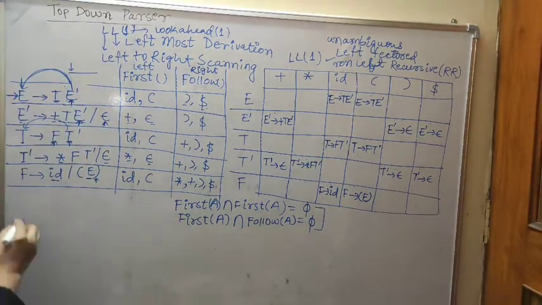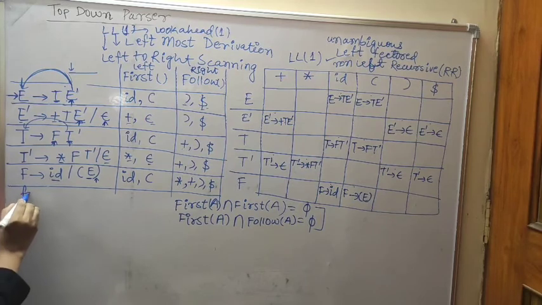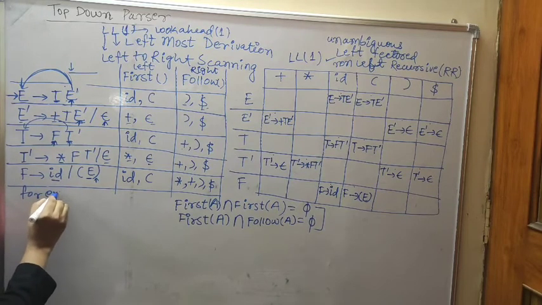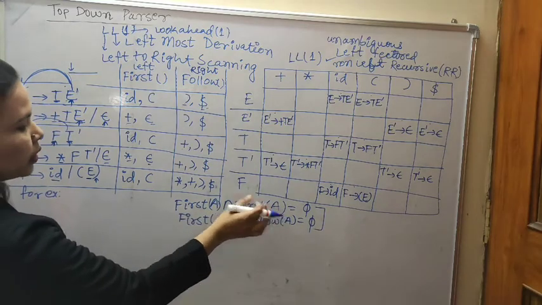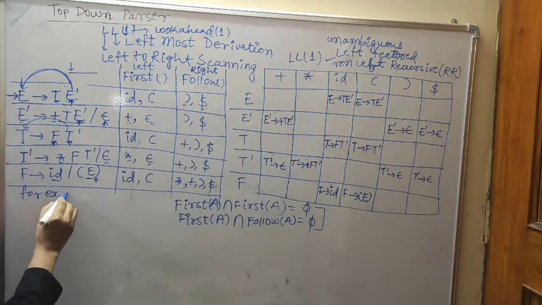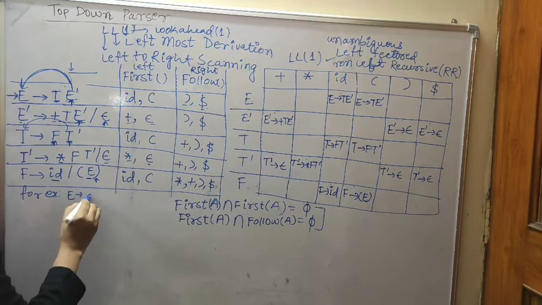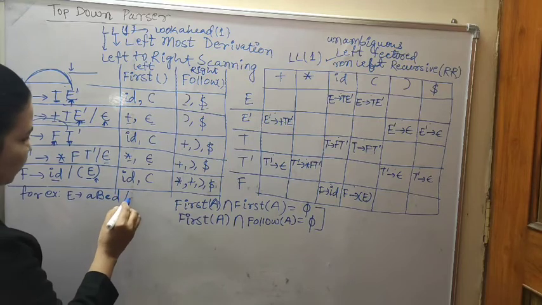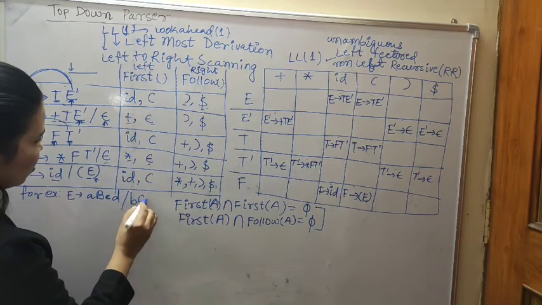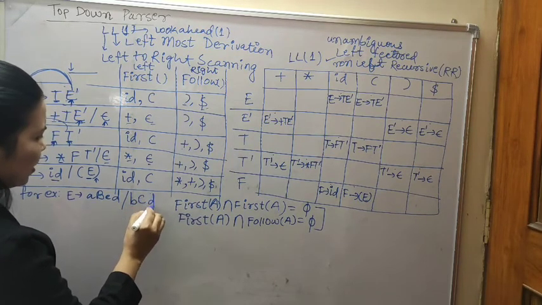How? For example, I am taking the example: E goes to A B C D, it is C, and then B C D has been given.